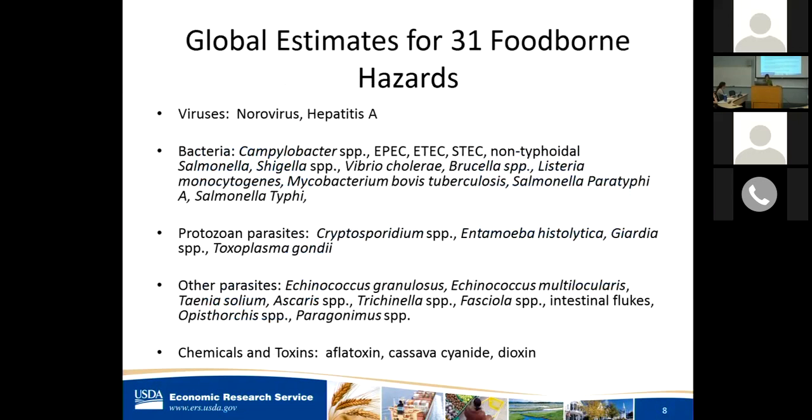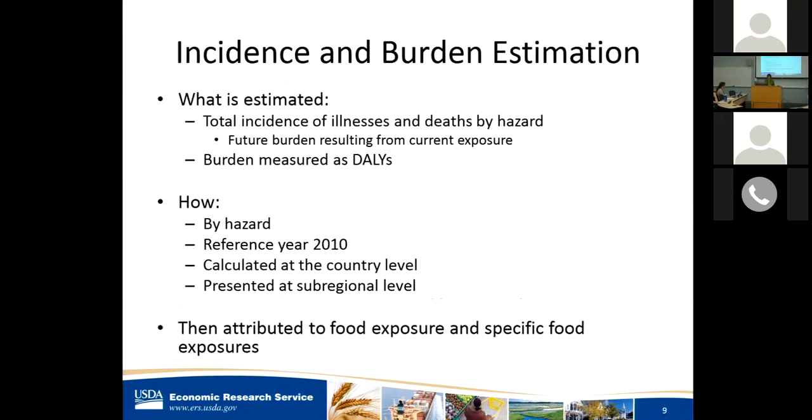So we have global estimates for 31 foodborne diseases: viruses, bacteria, protozoan parasites, other parasites, and chemicals. Some of the major chemicals, particularly for developing countries. And for each of those hazards, the effort estimated the incidence of illness and the incidence of death.